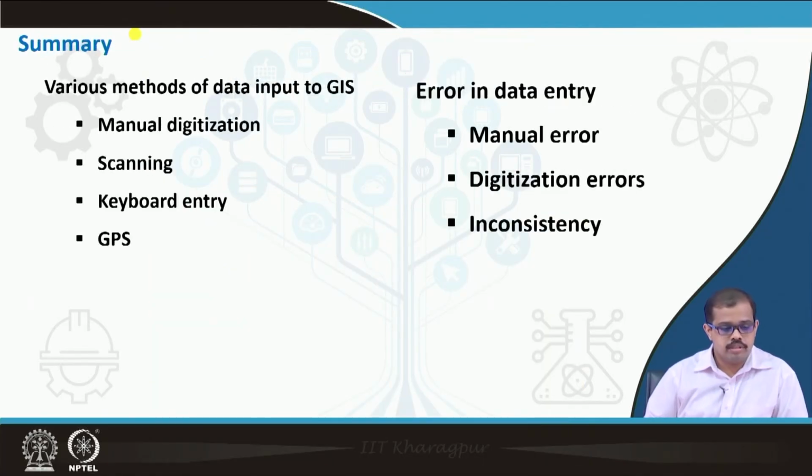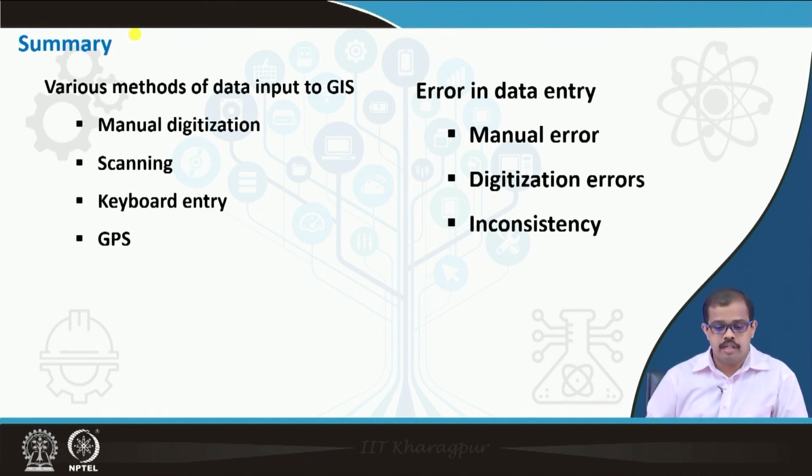So in order to summarize, we have various methods of data input to GIS: manual digitization, scanning, keyboard entry, and GPS. We have looked at all of these. We will look at GPS in much more detail, on how the signal works, what the different types of systems are, and whether we have any parallels to GPS, as indigenous systems with a parallel to GPS have also been developed.